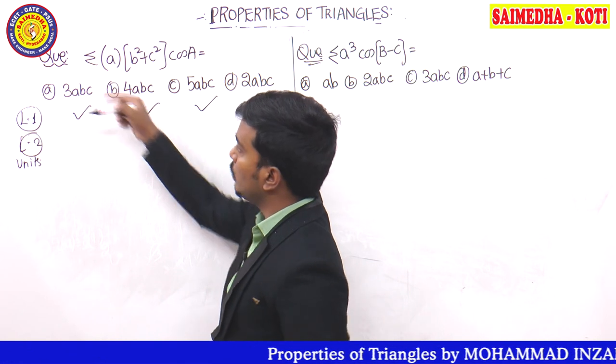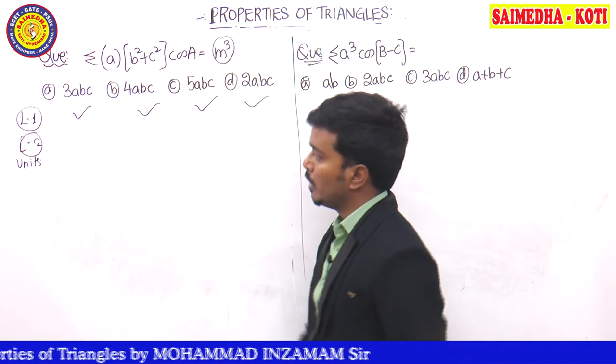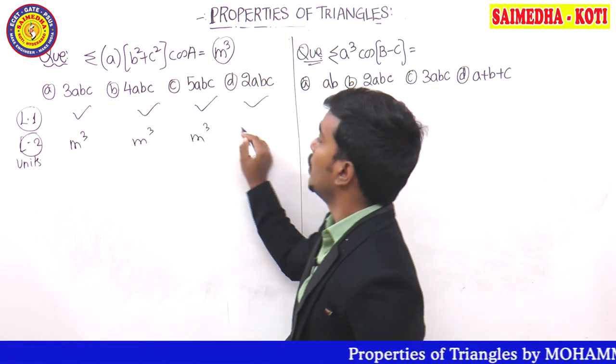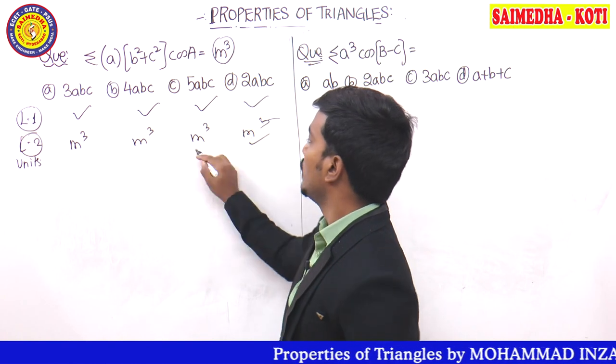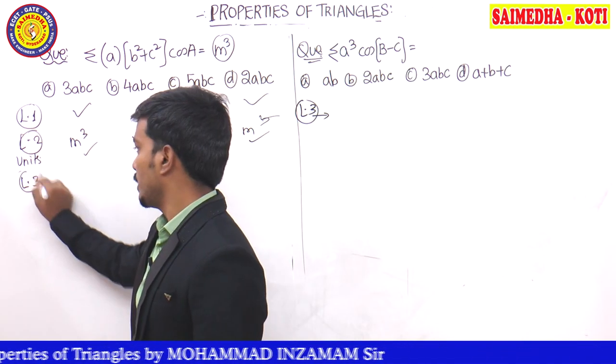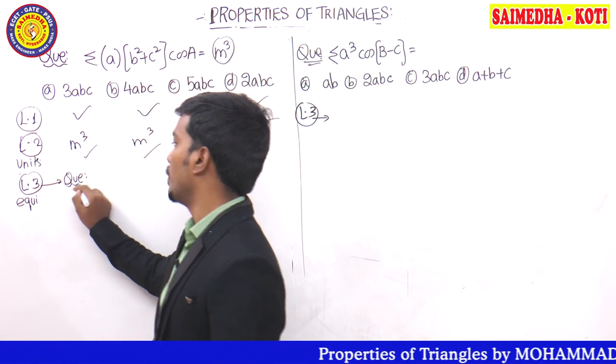Meter square into meter is meter cube. That means the question units are meter cube, and the option units are also meter cube in all of them. So all could be correct, and logic 2 has also failed. Logic 3, guys, is the equilateral triangle. First let's apply it to the question and then to the options.